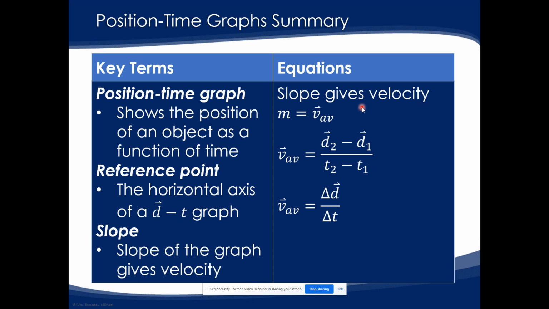So the equations that we want to remember from here is that slope is our average velocity, which is either d2 minus d1 over t2 minus t1, or a change in distance over a change in time. You can also use the m if you are more comfortable, remembering that slope is y2 minus y1 over x2 minus x1. You just need to remember that slope is your average velocity.